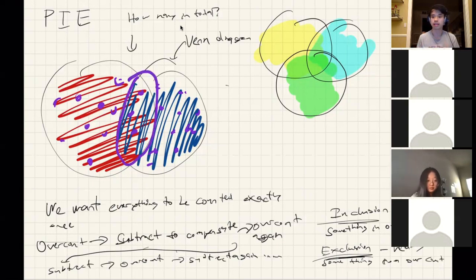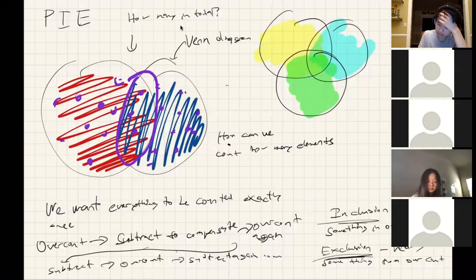Some elements are going to be in the intersection of the two circles. So how many ways can we count how many elements there are in total?